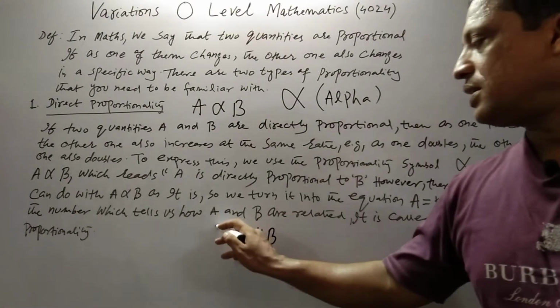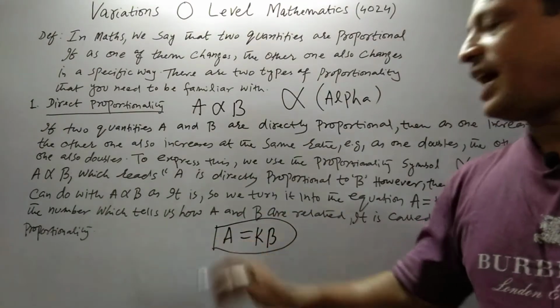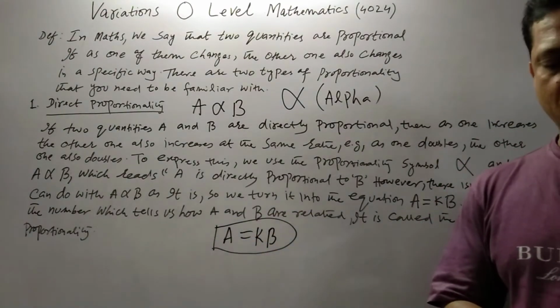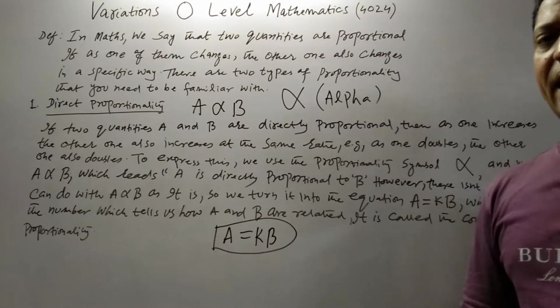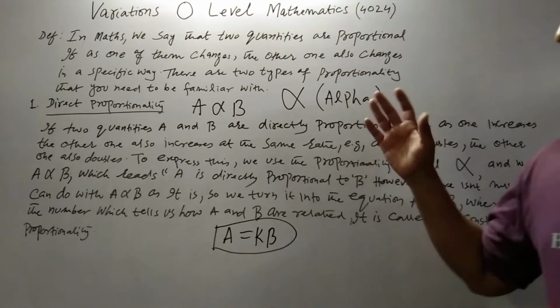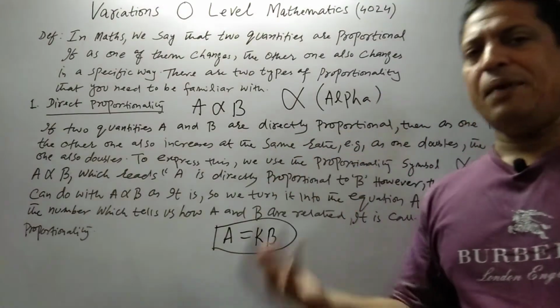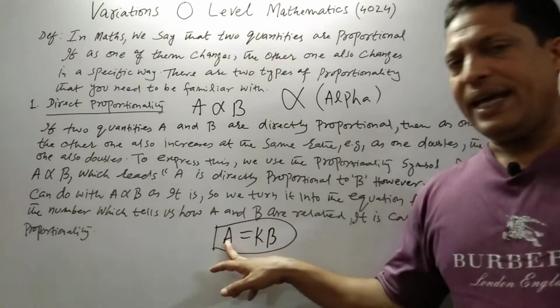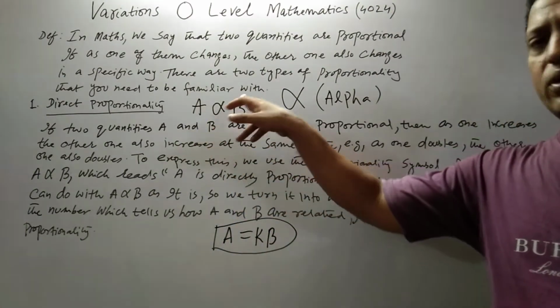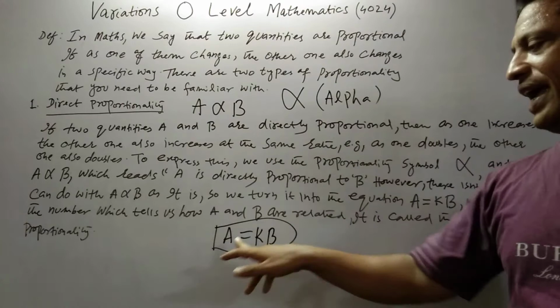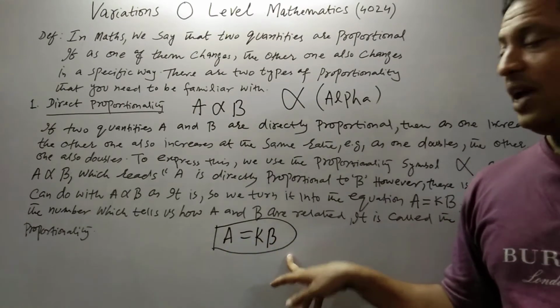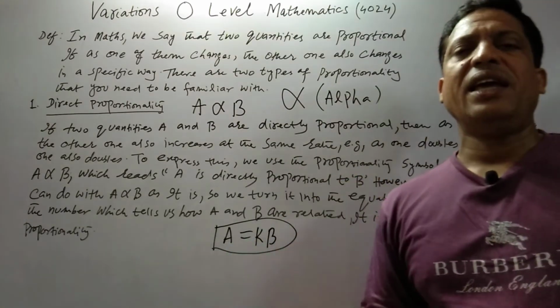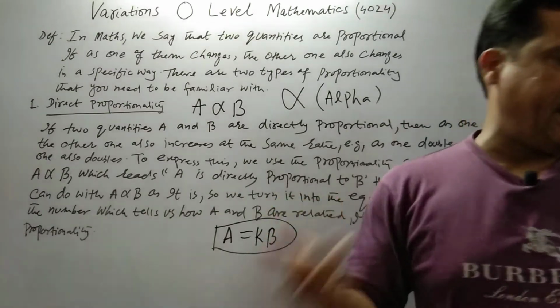Now this is our formula for directly proportional. So if two quantities A and B are directly proportional, we have to write A equals kB, where k is the constant of proportionality.